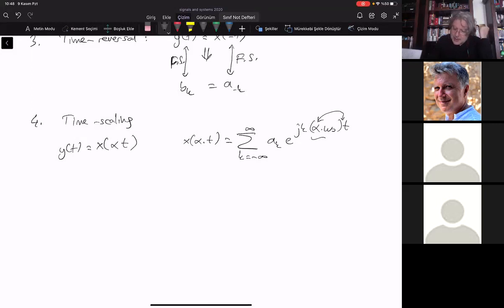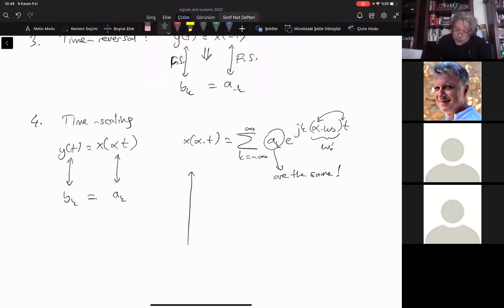And when I do that, I can say that alpha times omega 0 is, let's say, omega 0 prime or omega 1, a different fundamental frequency. And these a_k are the same. So the Fourier series coefficients of y of t, which are b_k, and the Fourier series coefficients of x of t, which are a_k, are the same. The Fourier series coefficient values do not change, but the corresponding fundamental frequency and k times that fundamental frequency change.